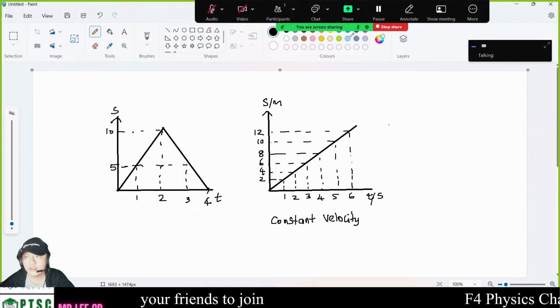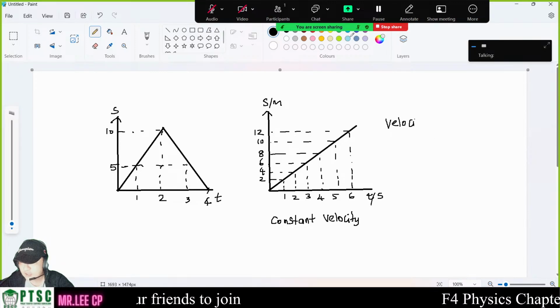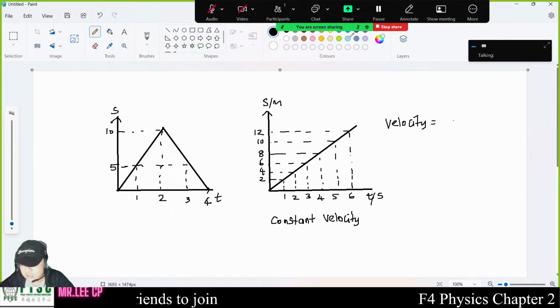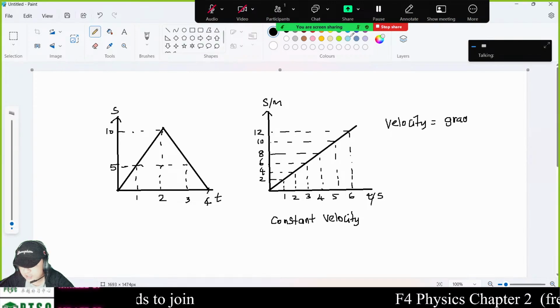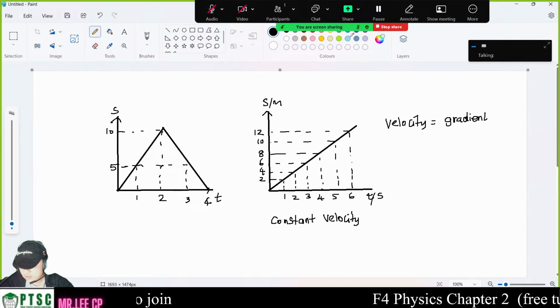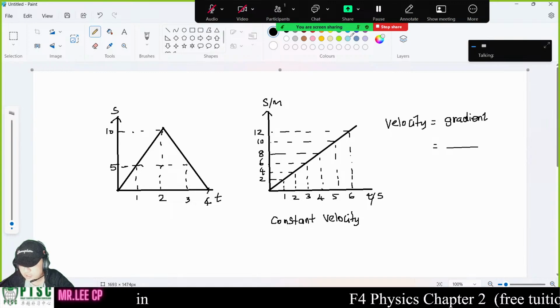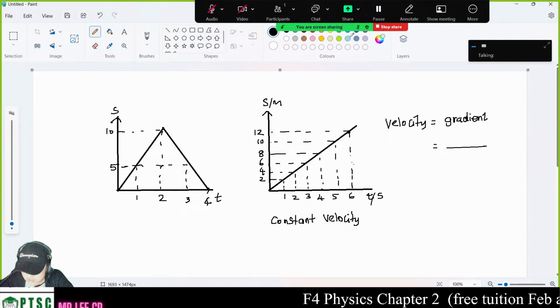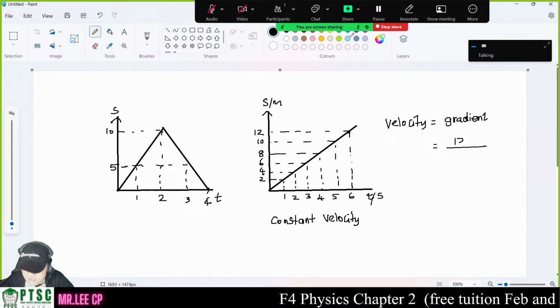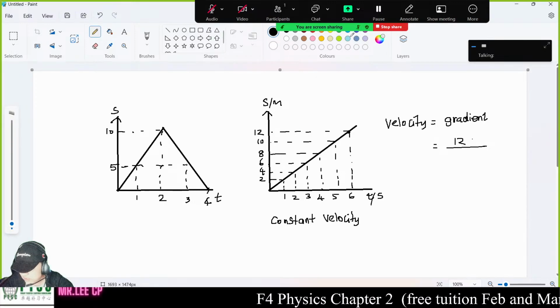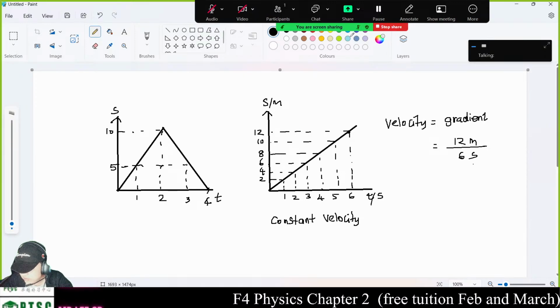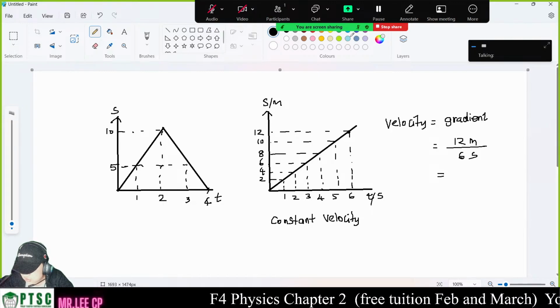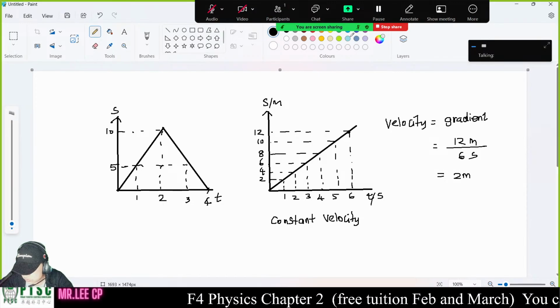Alright, so how to find the velocity? Velocity is the gradient of the graph. How to find the gradient? You take the biggest triangle from here to here. So 12 divided by 6. 12 meters divided by 6 seconds. 12 divided by 6 is 2 ms minus 1.